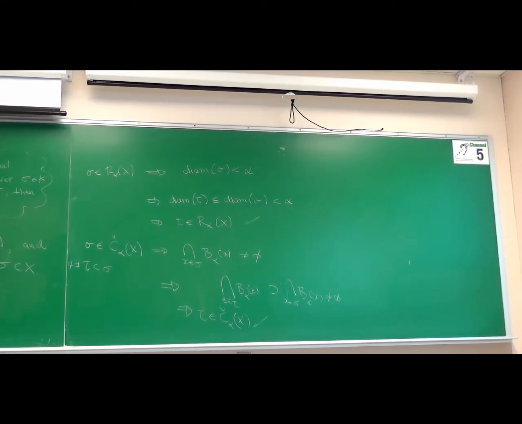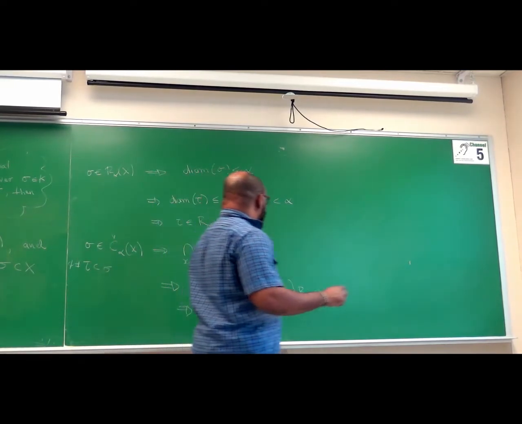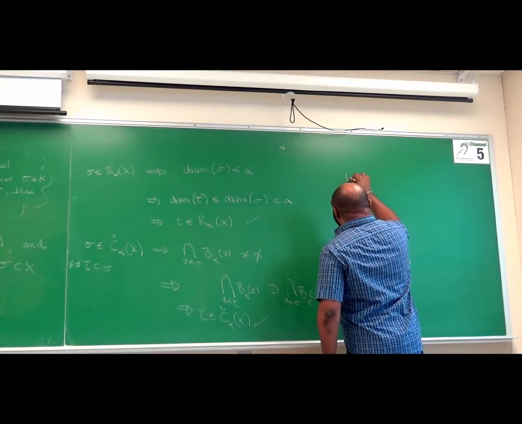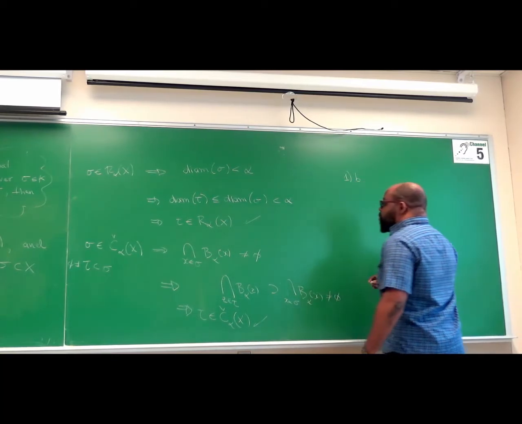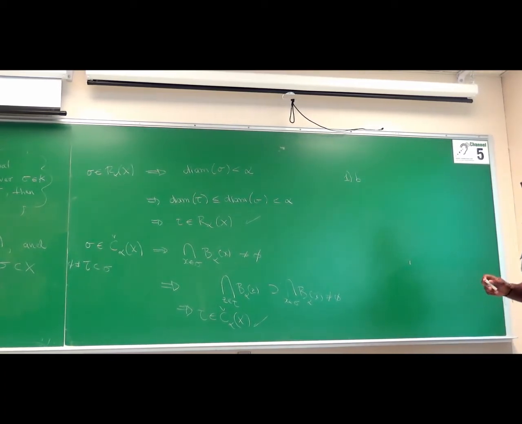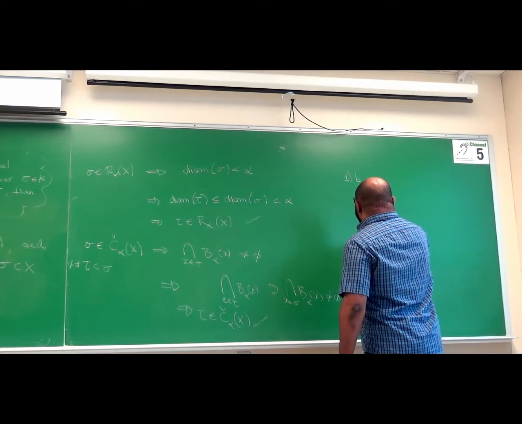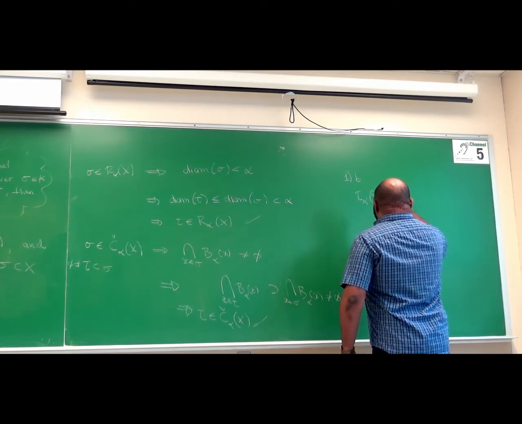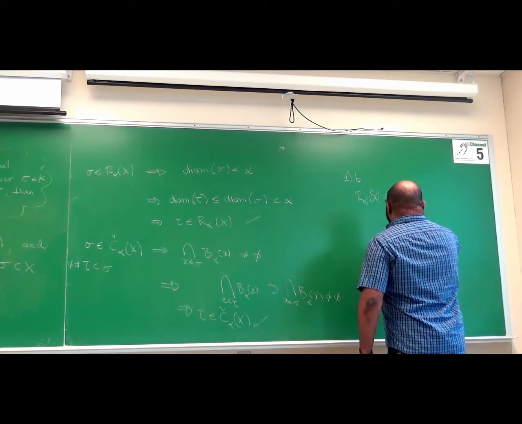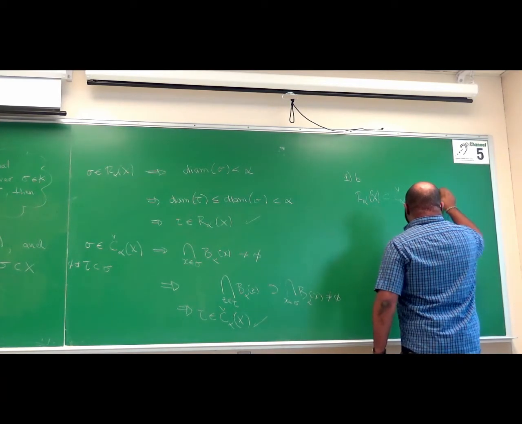Now 1B, and here's where we had the typo. And hopefully we proved the right thing in the homework. So 1B was to prove that we have these containment relations.